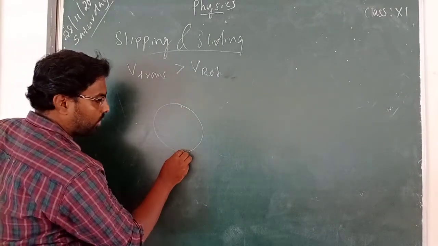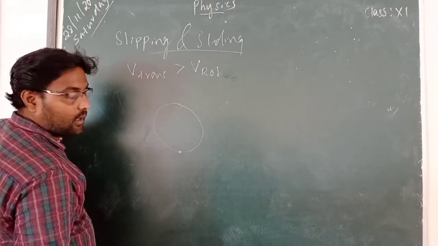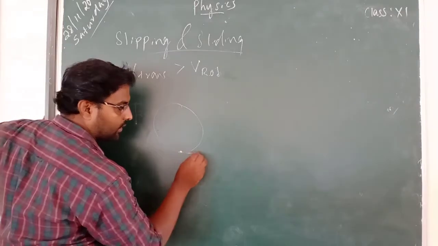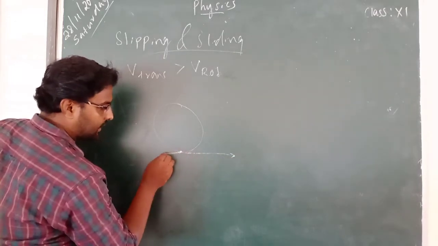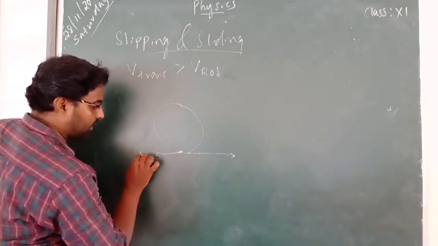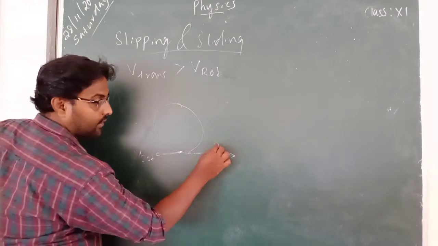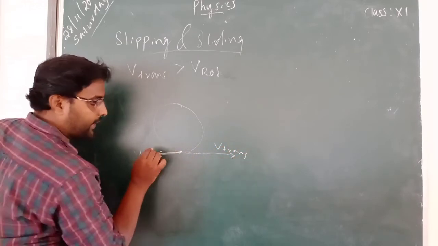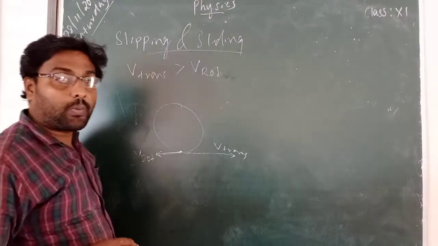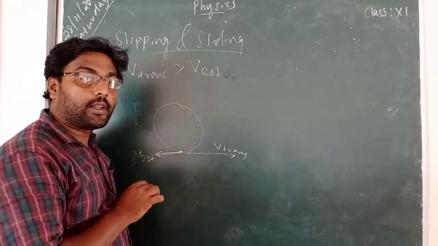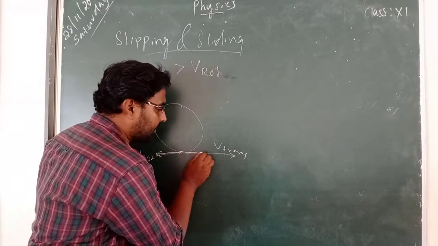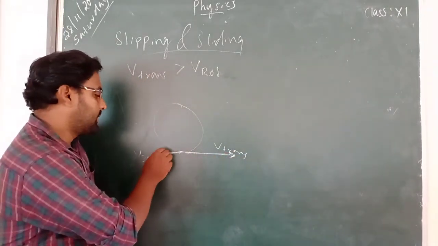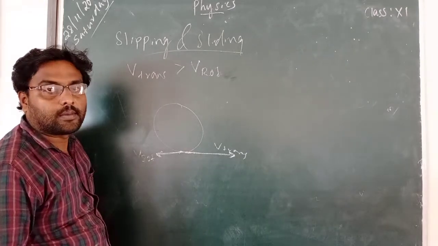So listen here. The point of contact with the surface possesses two motions, translational and rotational, V rotational and V translational. When you apply the brake on this slippery road, this V translation becomes greater than this V rotation.